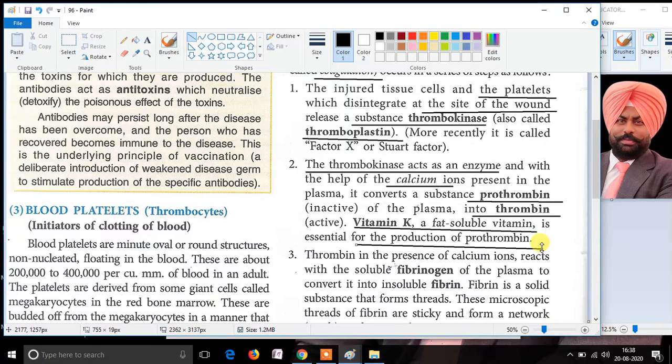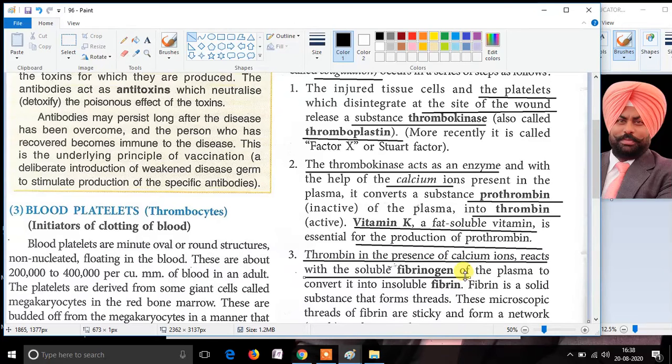Now, further, this active thrombin again takes the help of calcium ions and reacts with a substance which is soluble in the blood, and that substance is called fibrinogen.